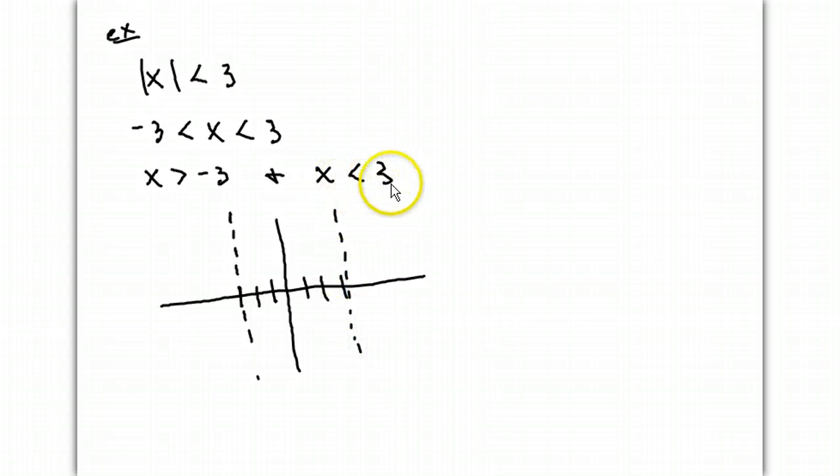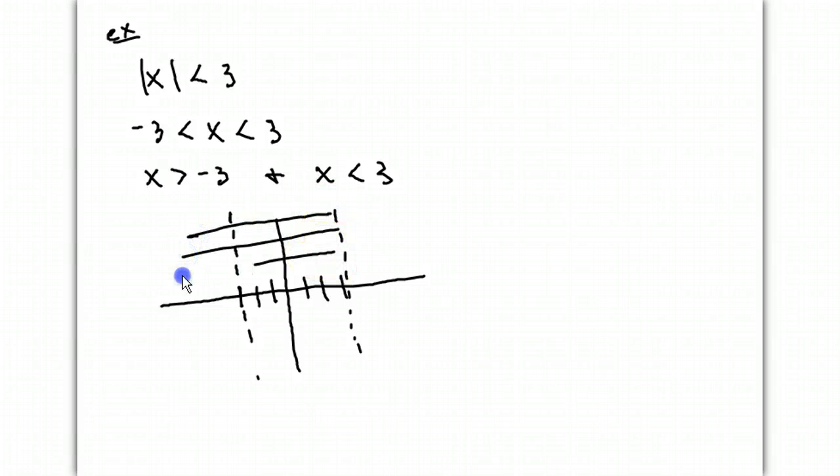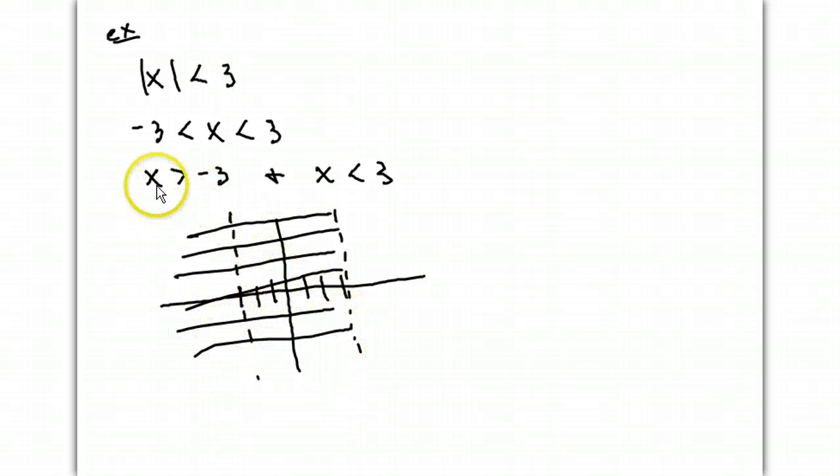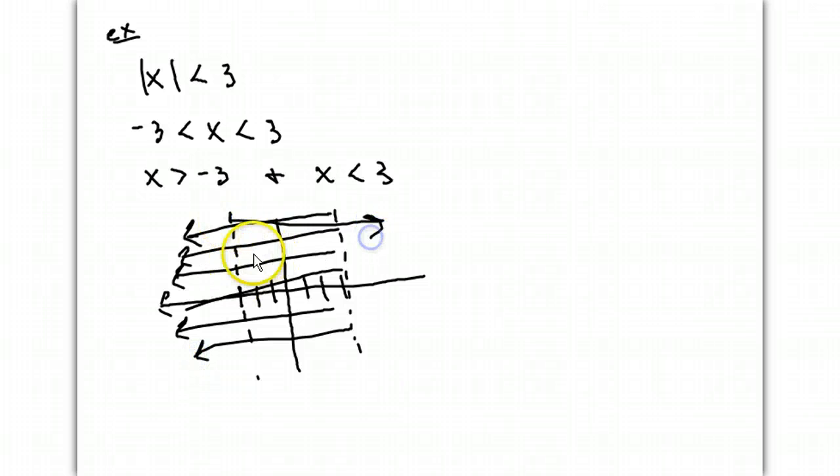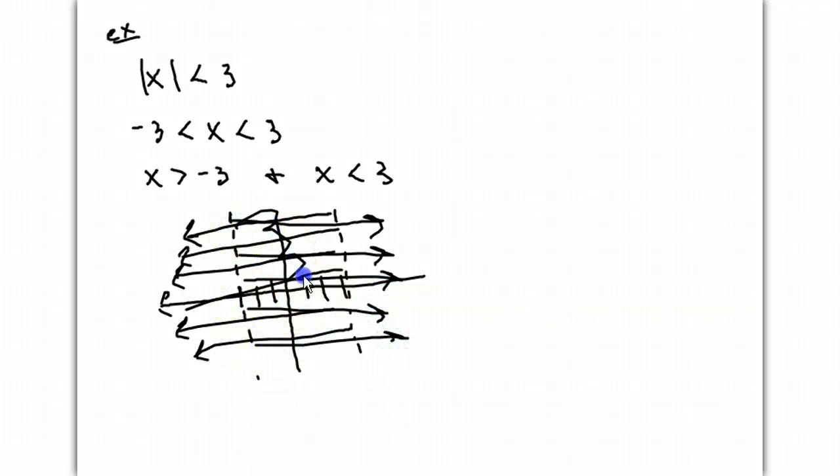So x less than 3 goes in this direction, to the left. x greater than negative 3 goes to the right. So it goes this direction. And where the two intersect is directly in the middle. So all this in the middle will be the answer, in between those two lines.